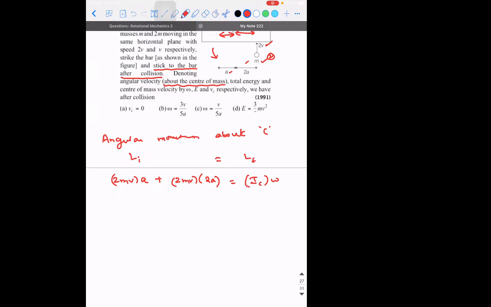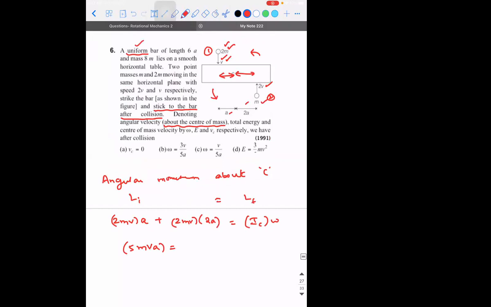Accepted? So it is 5mva, that is equal to the moment of inertia about point C for this rod. You need to be careful here because it's a uniform bar. What is the moment of inertia of a rod about its center of mass? ml square divided by 12, right?